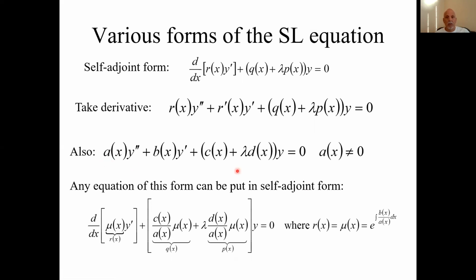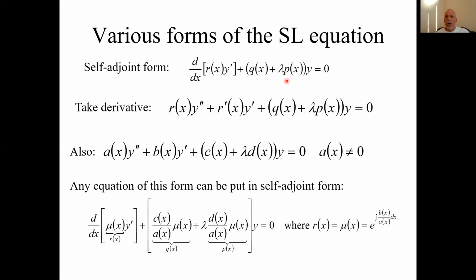But this is another form of the Sturm-Liouville equation. It's equivalent to this, and you can get from here to the self-adjoint form using this. This basically is a recipe for how to go from this format to that format. And again, why do we want to do that?